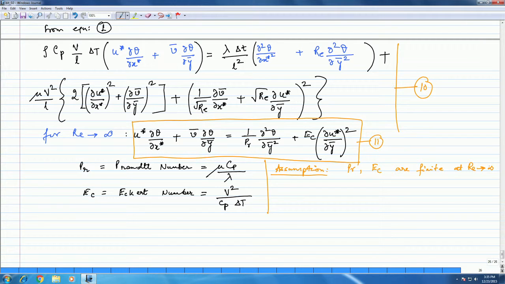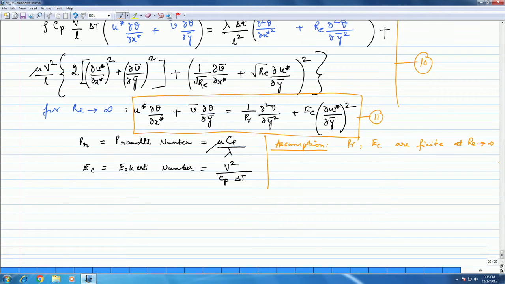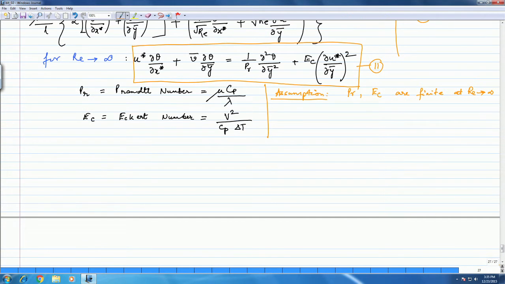Now, a Prandtl number actually is a pure physical property, and what I will do now is give you a feel for the type, some of the typical values of the Prandtl number.